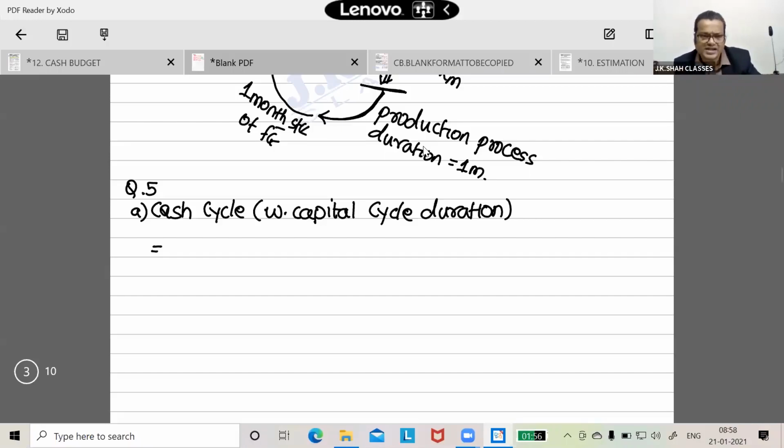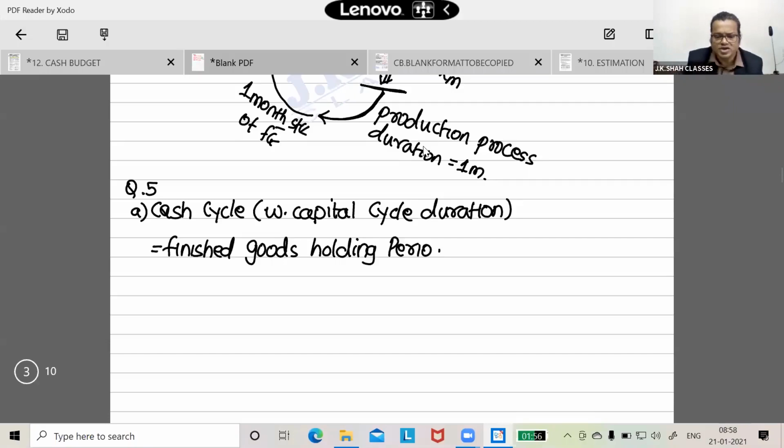No. We'll directly start from the finished goods holding period. So what is the finished goods holding period? Inventories have an average holding period of 75 days, right?